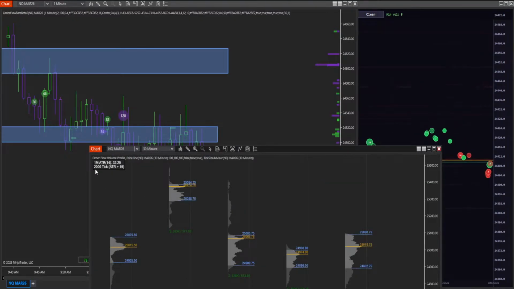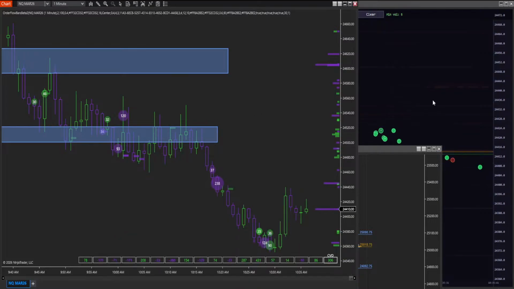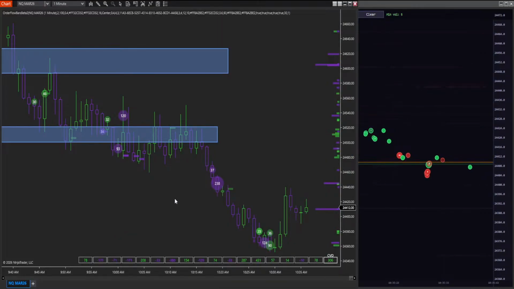Right here I have a 1 minute ATR. ATR stands for average true range, and off of a 1 minute, that says 32. My philosophy is, I have it set to 14 periods.